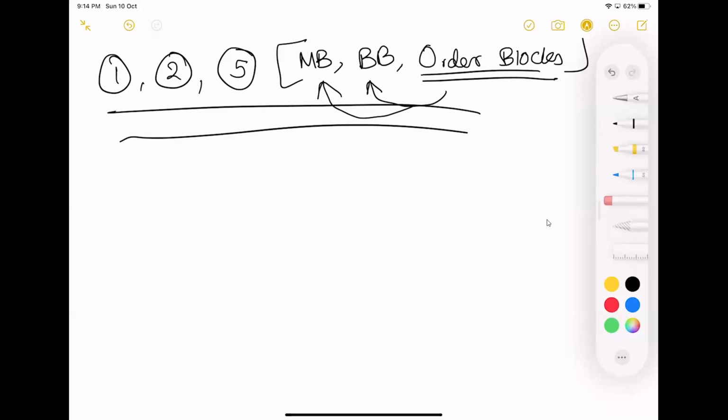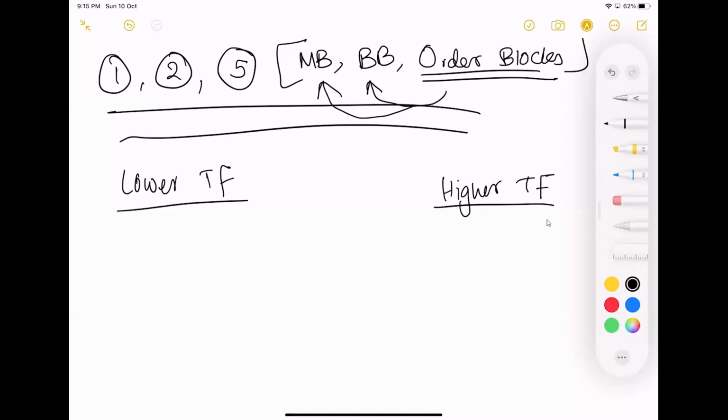So to summarize that part, you have the lower time frame and the higher time frame. On the lower time frame, you have a breaker. On the high time frame, you have just a simple move like this.